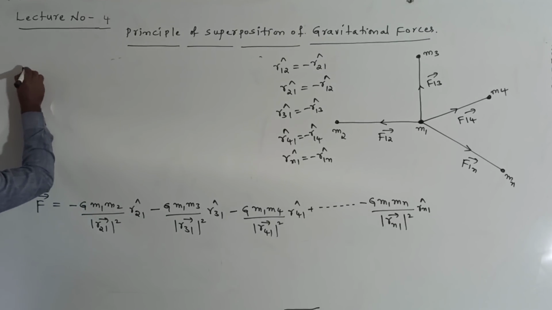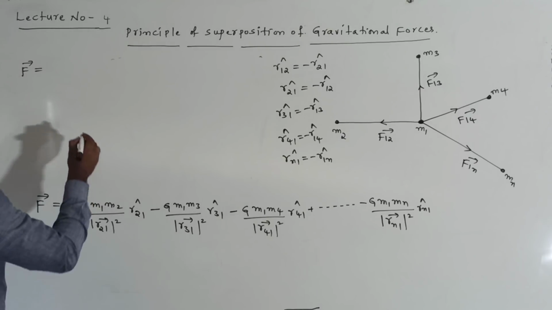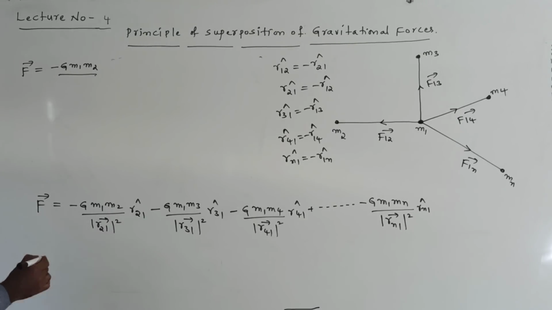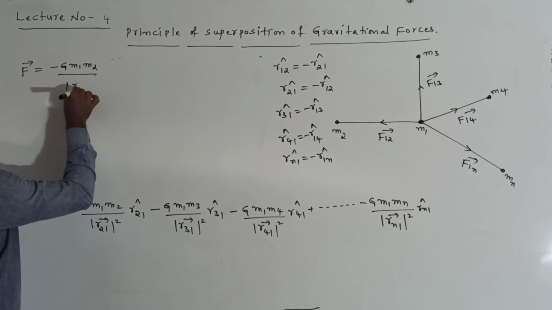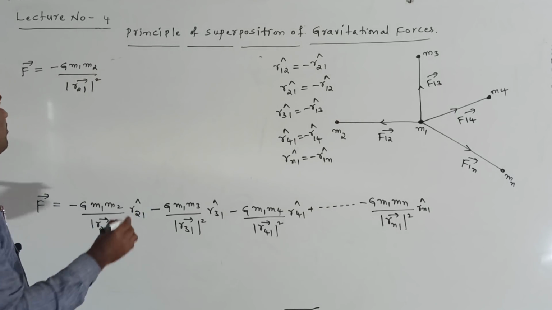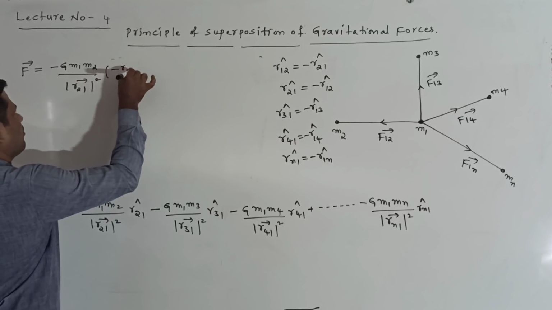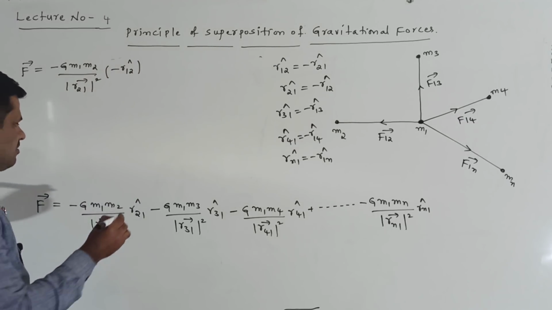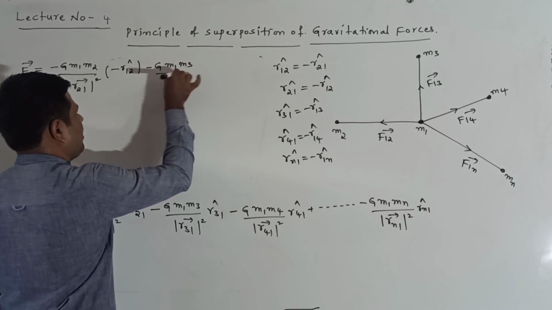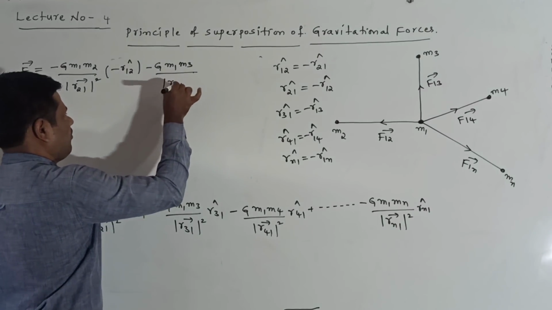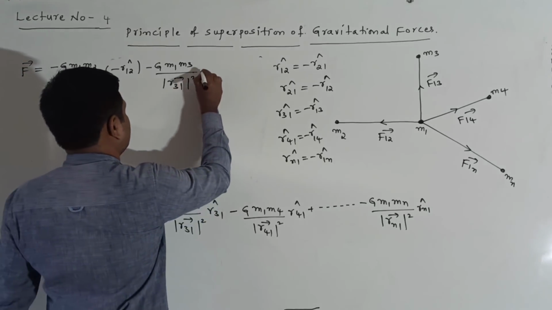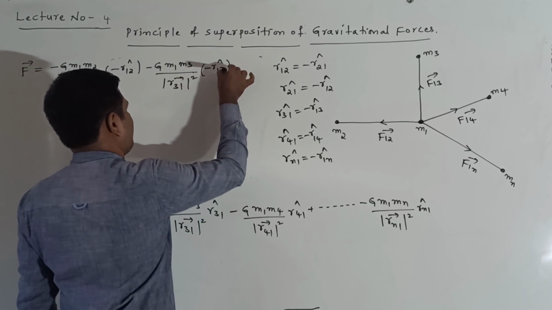F bar is equal to minus G m1 m2 by mod of r21 bar square, where r21 cap can be written as minus of r12 cap. Next, similarly, minus G m1 m3 by mod of r31 bar whole square, where r31 cap is equal to minus of r13 cap.